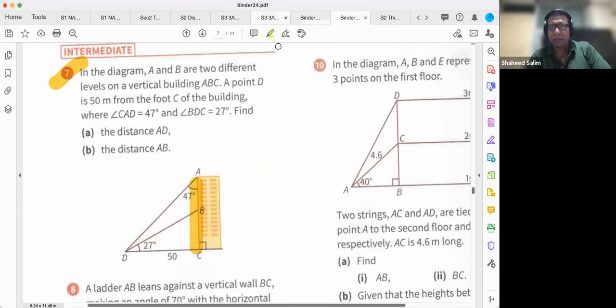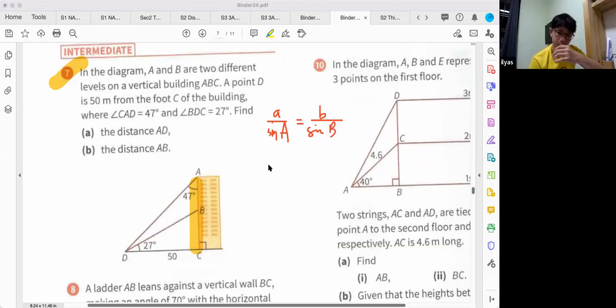Just write down what you see again. Okay, the formula is basically this: a over sine A, or you can flip it, no problem, equals b over sine B. So just now you were saying what? I was saying that, but I flip on top.